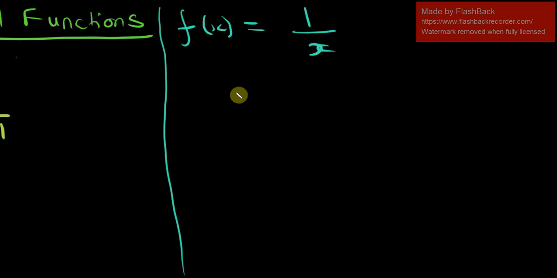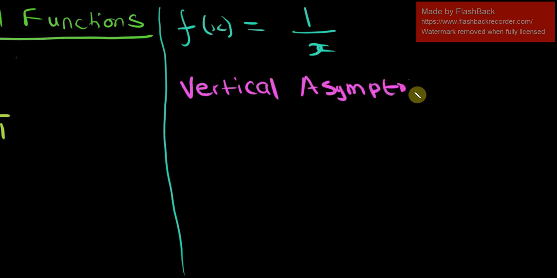Alright, so in order to sketch this graph, we need to know certain points. The first thing we need to know is the location of the vertical asymptote of the graph, so we'll call it VA for short.